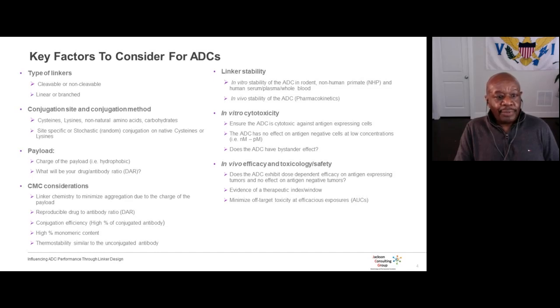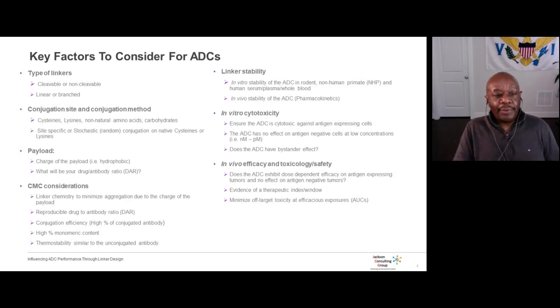But to start, we see that there are essentially two different types of linkers. There's cleavable linkers and there's non-cleavable linkers. Within that, we also have linear or branch linkers, and you have combinations of both. And I know you'll hear more about this during Matt's presentation. On the antibody side, as I mentioned before, we have cysteines, lysines, non-natural amino acids, and carbohydrates that you can use to conjugate your linker payloads to the antibody.